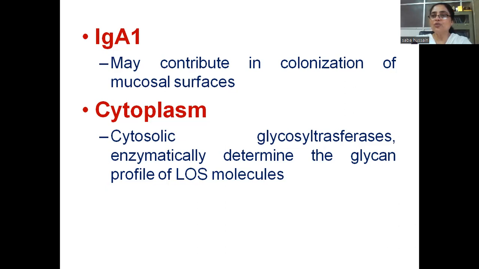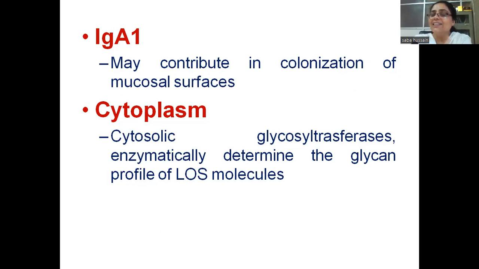Now I have told you that the cytoplasm does play a role. That is, cytosolic glycotransferases determine the glycan profile. That means the glycan profile is present on the lipo-oligosaccharide of the membrane. The lipo-oligosaccharide gets the structure of glycan from the cytoplasm, basically from this cytosolic glycotransferase enzyme.